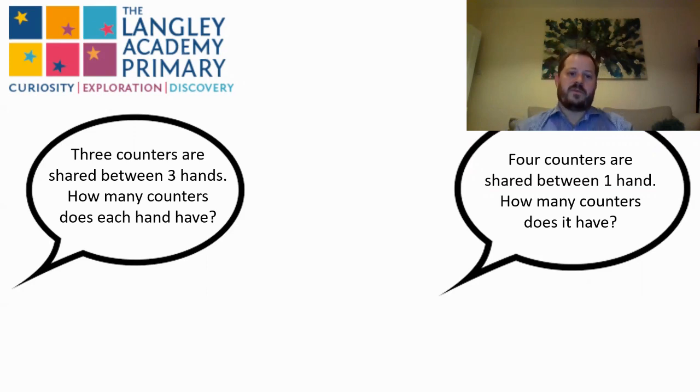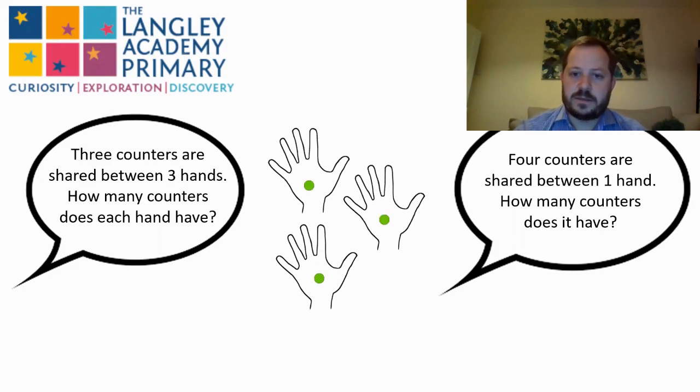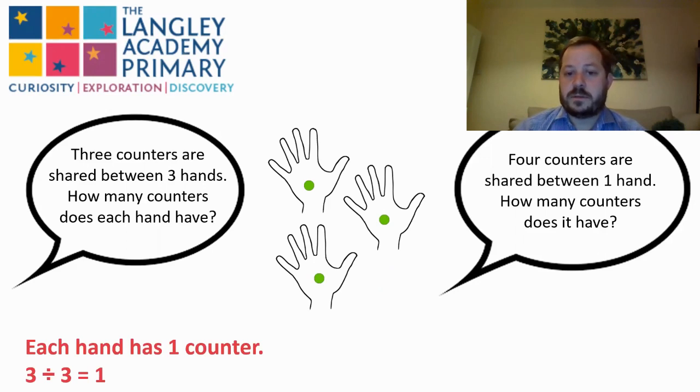Okay, so the first one says, 3 counters are shared between 3 hands. How many counters does each hand have? So here are the 3 hands, and then we share those 3 counters between each hand. Each one has 1. So if I divide the number by itself, 3 divided by 3, the answer is going to be 1.